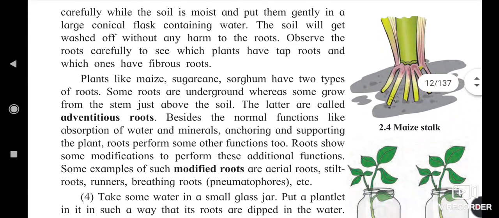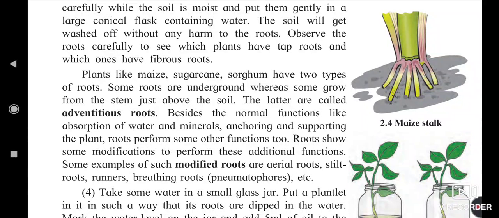Besides the normal functions like absorption of water and minerals, anchoring and supporting the plant, roots perform some other functions too. Roots show modification to perform these additional functions. Some examples of such modified roots are aerial root, stilt root, runner, breathing root, etc.